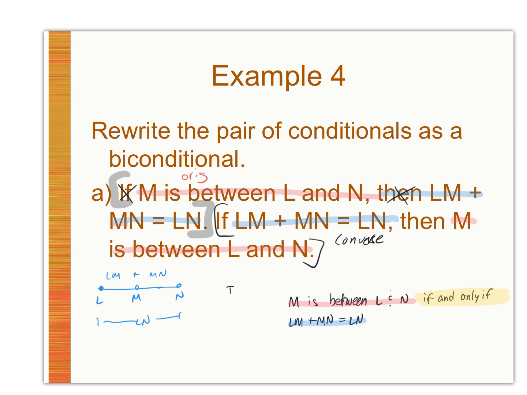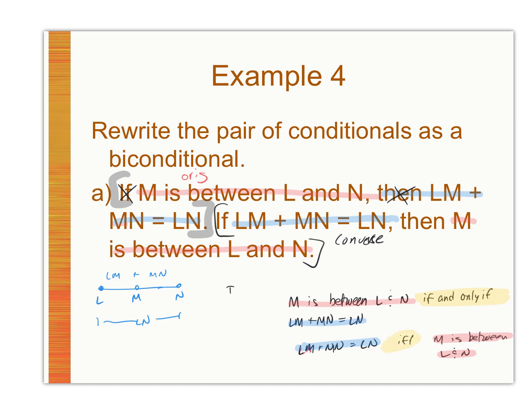And once again, I could have done it in the other order. In other words, I could have done LM plus MN equals LN if and only if M is between L and N. What I did here, a little bit different, is I put the original conclusion first, I put the original P second, and again I separated them with if and only if.